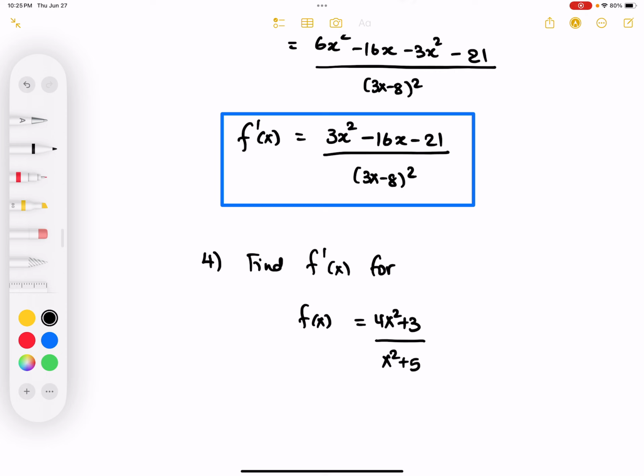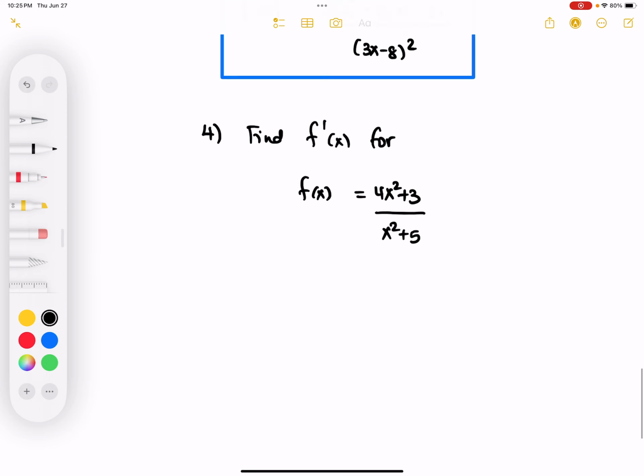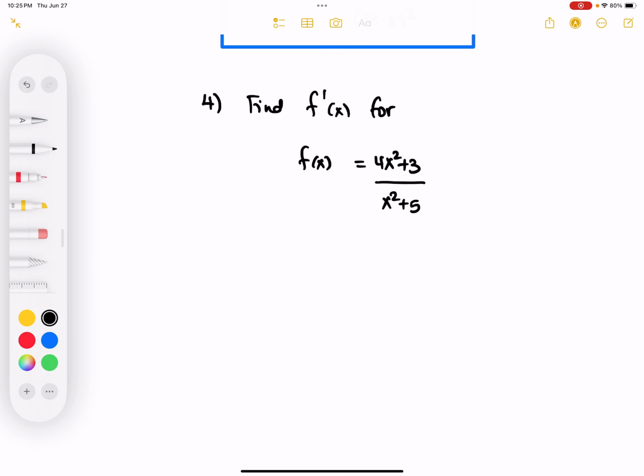So when you see this one also, the first step that you need to do is identify the top function. The top function is 4x squared plus 3 and the derivative of this one is 8x. The bottom one is x squared plus 5, and the derivative of the bottom one is 2x.